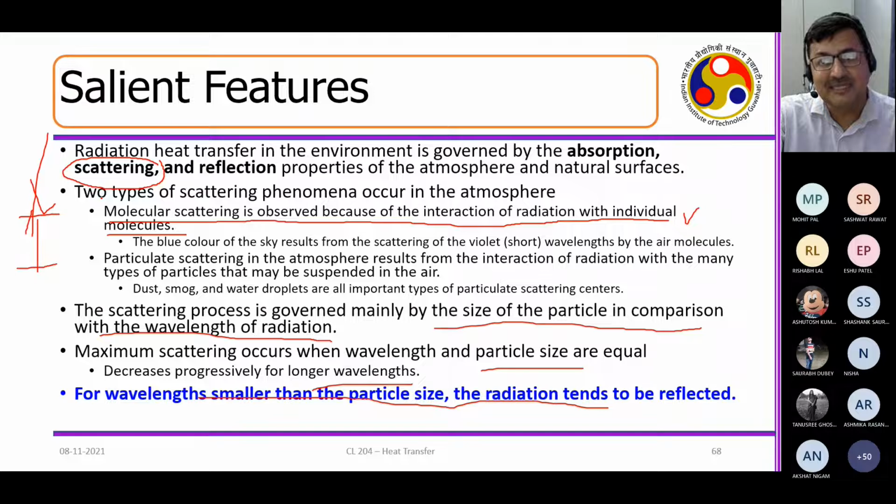The jump is caused by a certain part of the energy. But the other part, whatever is remaining, say suppose there is an incident radiation of energy E. Out of this energy, suppose 0.1 E has been utilized for the jump. The rest, 0.9 E, is going out of it. That is called scattering.